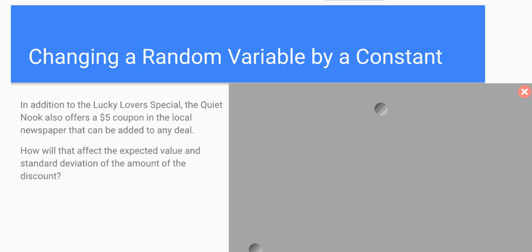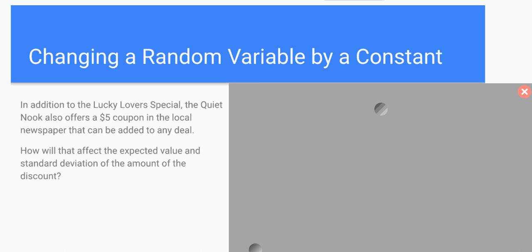Right? So here's the situation. We're going back to the Lucky Lover special at the Quiet Nook restaurant. In addition to that, the Lucky Lover special, which is what the cards are, there's a $5 coupon in the local paper that you can also be adding to the deal, right?